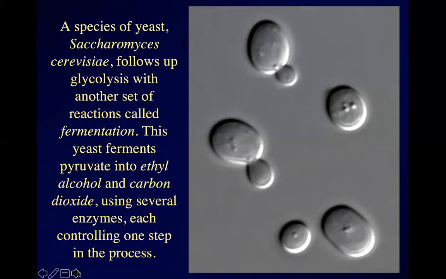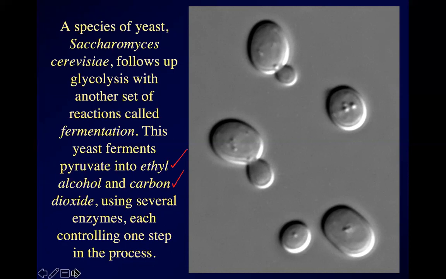So the yeast ferments pyruvate through several steps, and pyruvate ends up getting turned into ethyl alcohol and carbon dioxide gas. And also the yeast gets some energy that it can use to run other reactions in its metabolism.